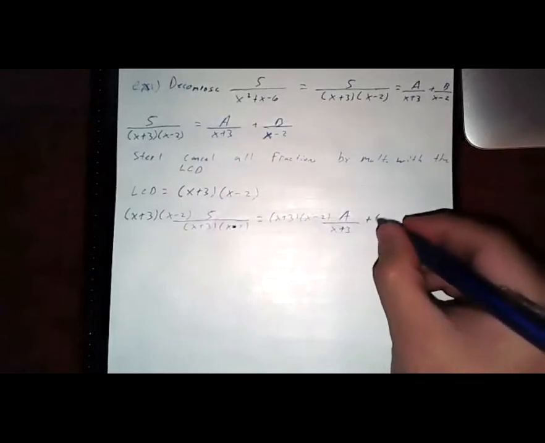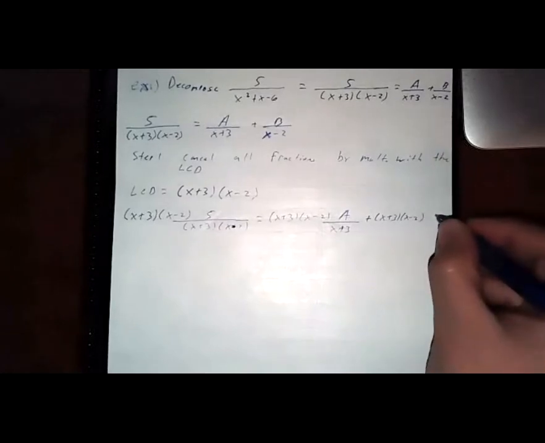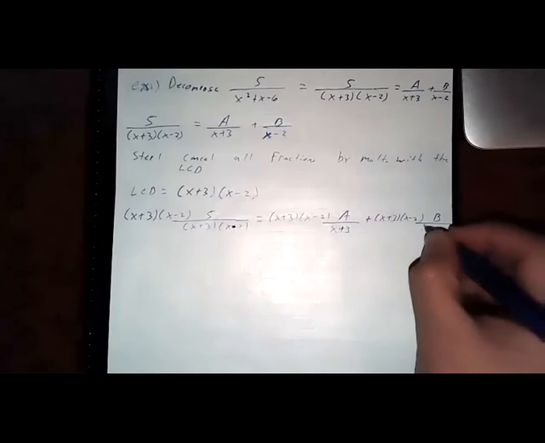Then again, x plus 3 times x minus 2 times the b over x minus 2.